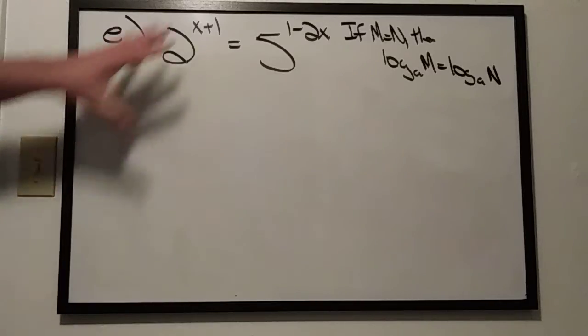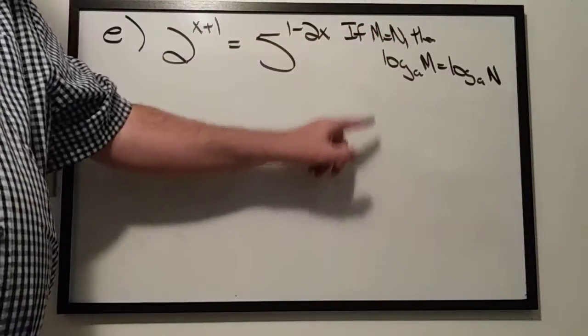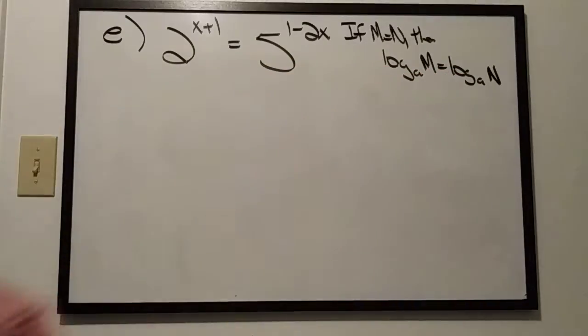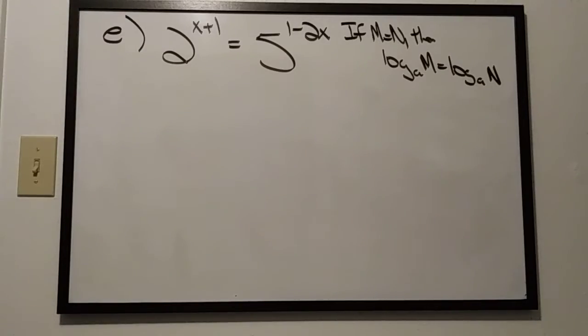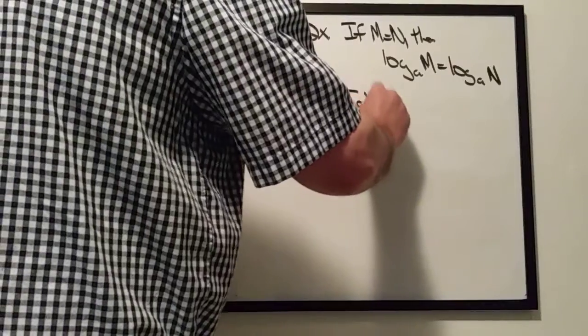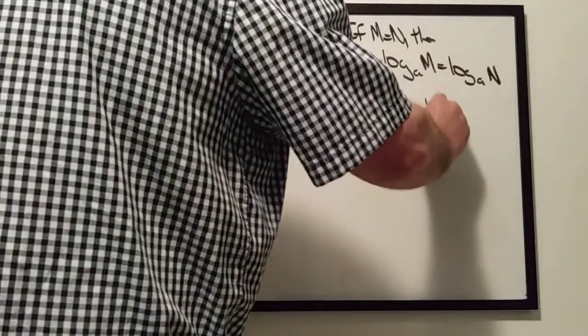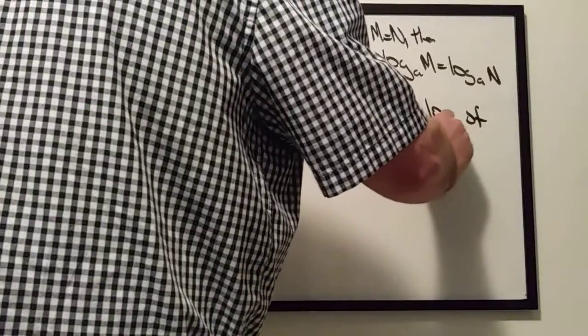So we have a left-hand side and a right-hand side. We have an m and an n, and this particular statement is saying that we can actually introduce logs to both the left-hand side and the right-hand side. Now, what I'm going to say over here is that we're going to take the log of both sides.